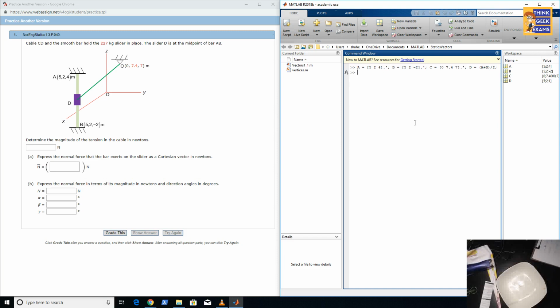Now to get the vector directions that are operating on the slider at D. So DC is the string direction, so it's going to be C minus D, and the D normal is going to be negative DC, but D normal, the third dimension, the Z dimension, has to be equal to 0.